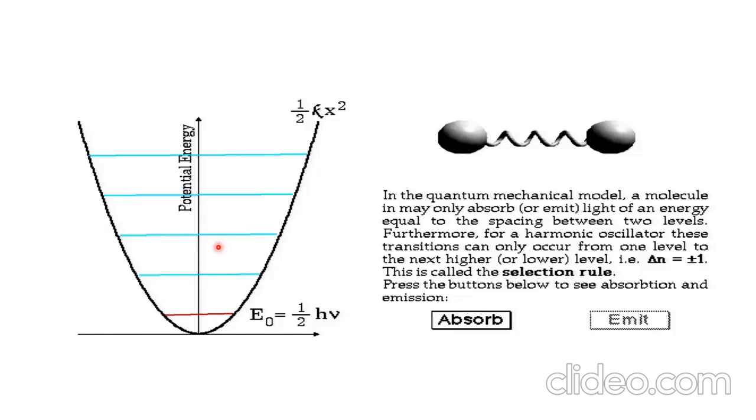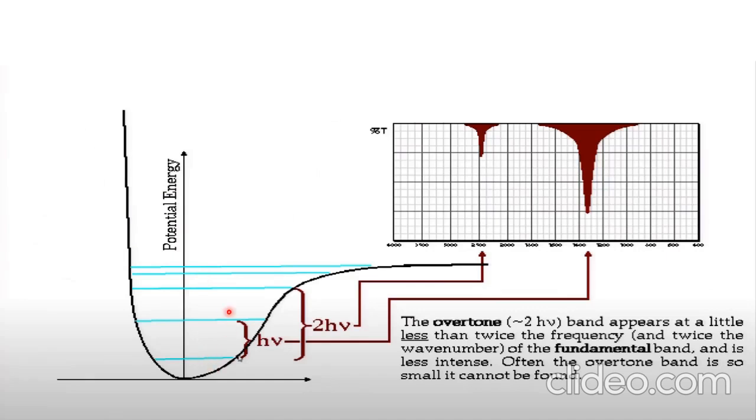Okay, ma'am. Then when it is coming from the excited state to the ground state, we can denote it by -1, and when it is jumping from ground to excited state, +1. Yes, exactly. And sometimes it can jump two levels, which we call an overtone.